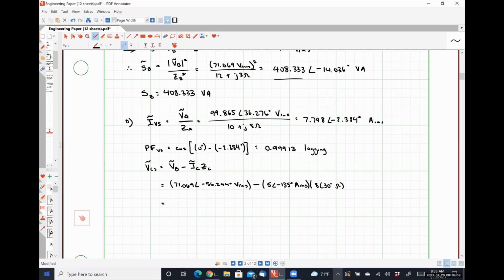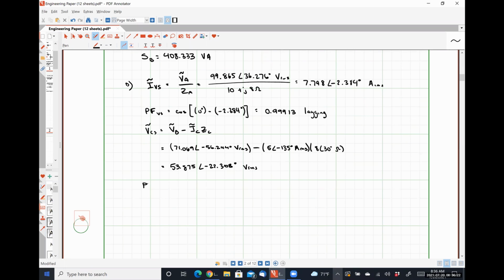And I get that to be 53.875 angle of negative 22.308 degrees volts RMS.